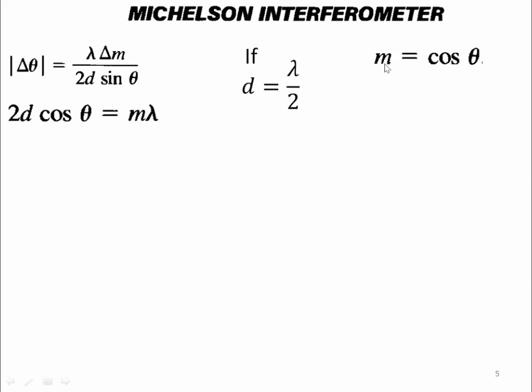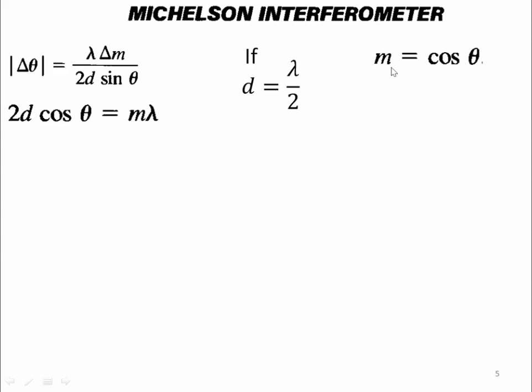So cos of theta is equal to m means only one specific value of m will be there, or what we can say is the maximum number of fringes that will be present in the field of view will refer to one particular value. There will be only one dark or bright fringe in the field of view, because if you change m further, you have to change theta, right?